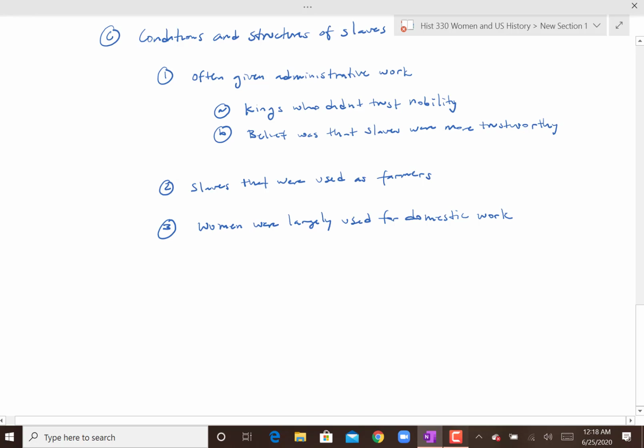Then you had slaves who were just used as sex slaves, who were treated as slaves, but were expected to have sex with their owners or other people whenever they were told. And those women often not only experienced regular abuse, but rape as well.